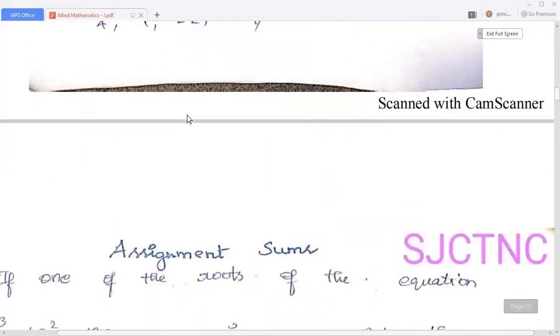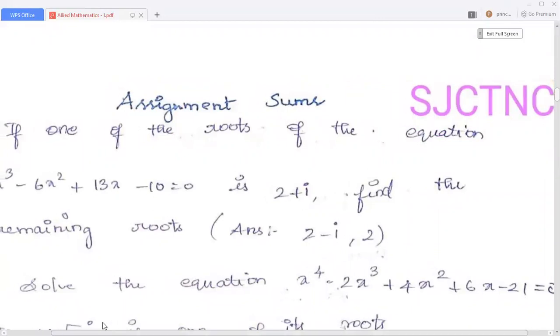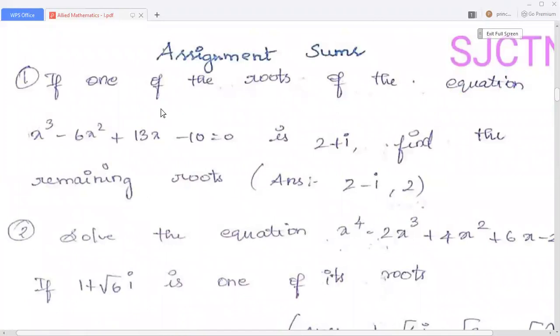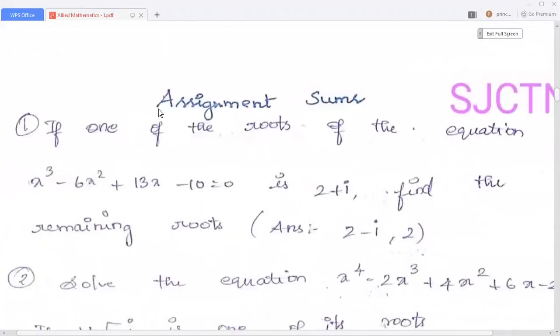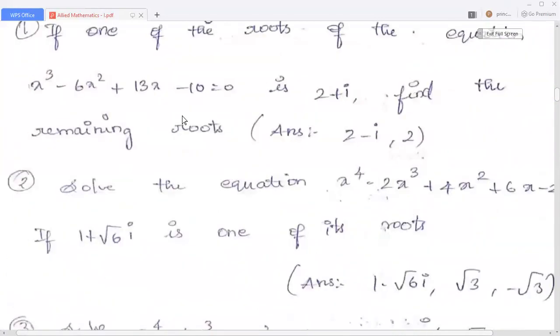This completes the problem. Next, there are problems for assignment. If one of the roots of the equation x cube minus 6x square plus 13x minus 10 equal to 0 is 2 plus i, find the remaining roots.